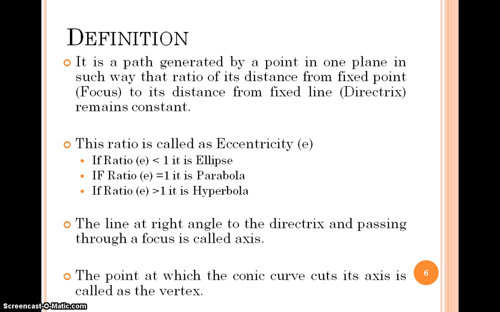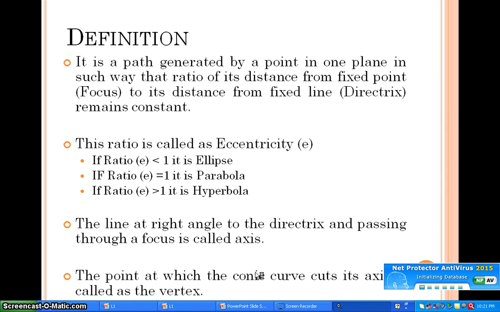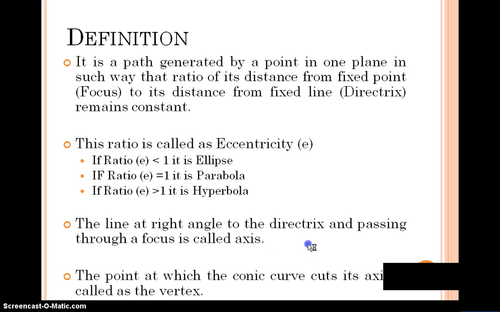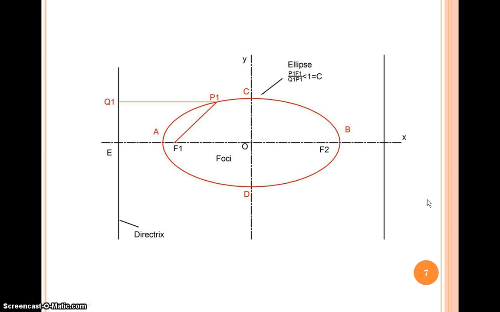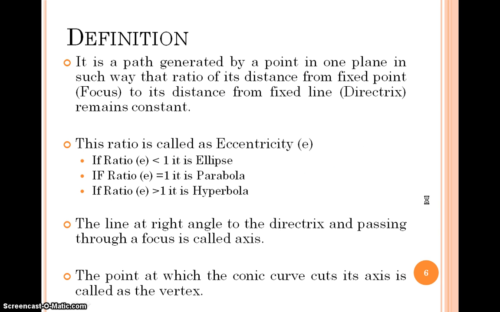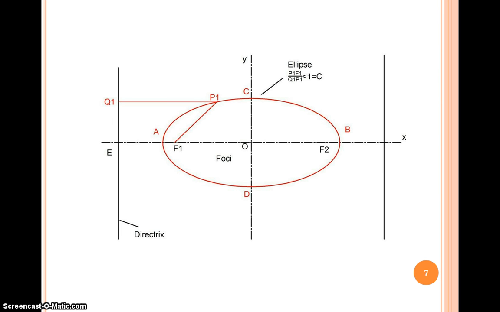Where the conic curve cuts the axis, that particular point is called the vertex. So this is all about the definitions of the terms. Let us consider this figure.